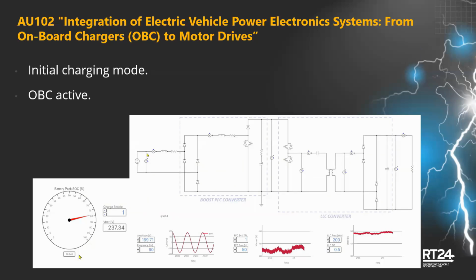And that state of charge should be greater than 80% before we activate the motor. And while it's charging, you can see the input voltage to the LLC, and you can also see the effect of the boost PFC, and then the subsequent LLC circuit with the voltage readings there. And so this is just all to charge up our battery.